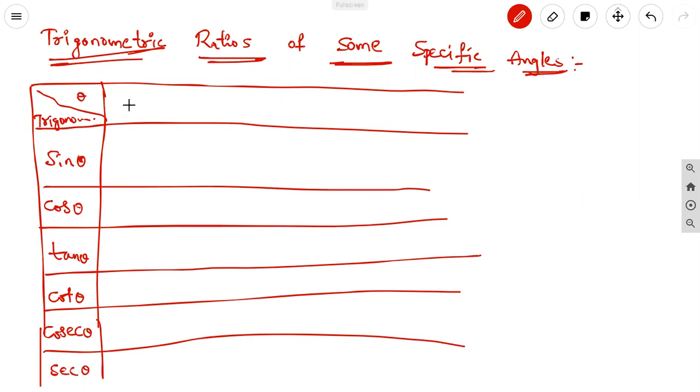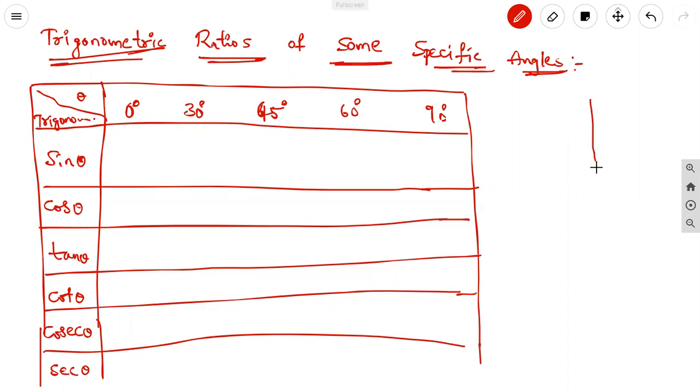In this, we can take the angles 0 degrees, 30 degrees, 45 degrees, 60 degrees, 90 degrees. How to find out the trigonometric function values? Here, the angles can be discussed in the right angle triangle.